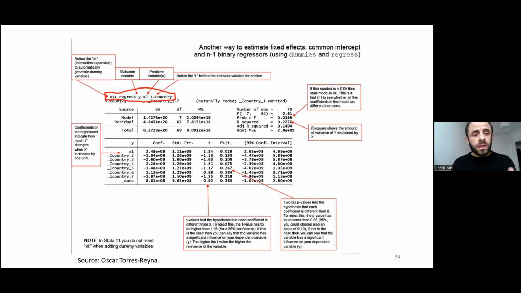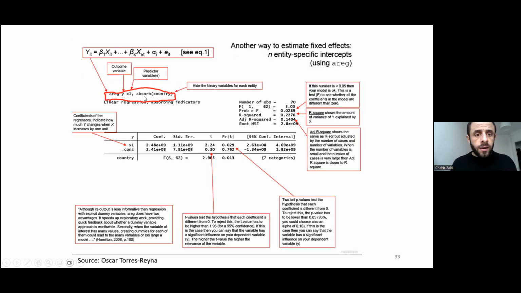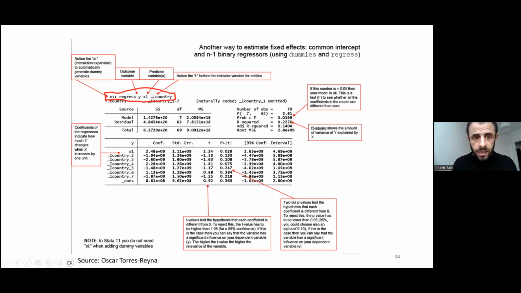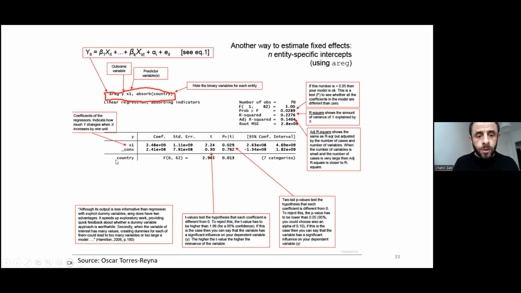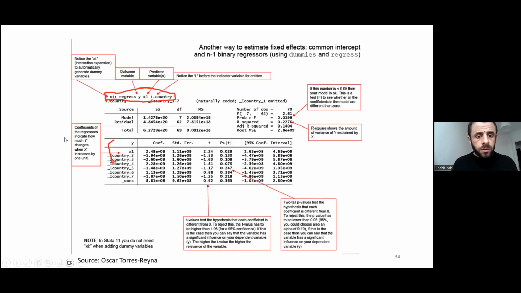So the difference between this command and the previous one is that in the previous one, we absorb those dummies. Here, we keep the dummies in the table. That's why in this table here, we don't have any dummies, right? But, sorry, in the next table, we do have those country dummies. Okay.